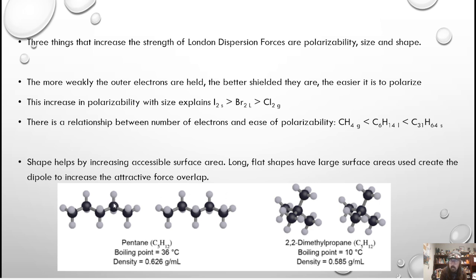So like a blobby couch, you can stack them on top of each other. This one can only interact from here and, like, say, there. So the more surface area you have, the greater the interaction you can have. That's another reason why these long molecules are usually more polarizable.